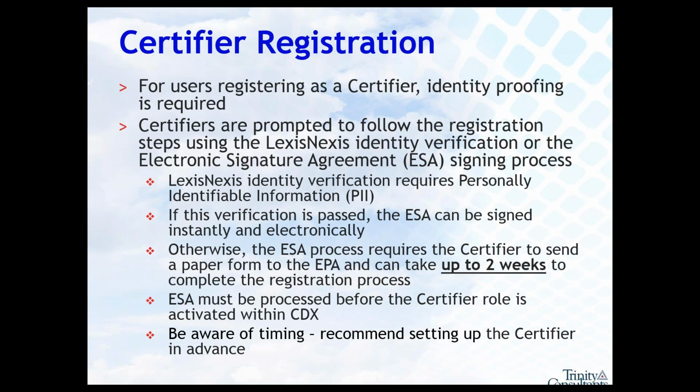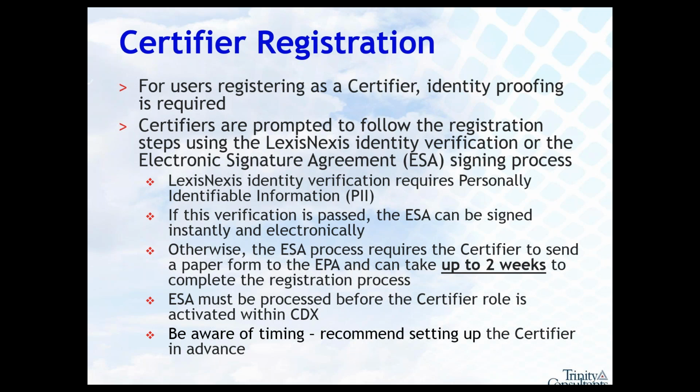EPA allows two options to verify your identity. You can either use their LexisNexis electronic identity verification, where you provide information and they use a database and verify that you are who you say you are, or you can use their electronic signature agreement signing process.